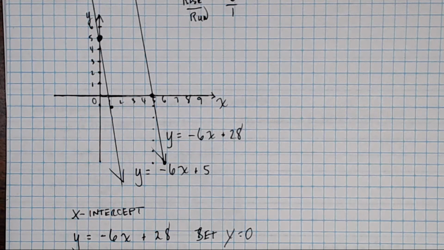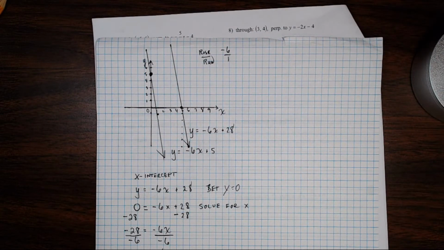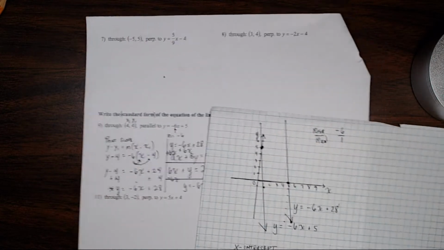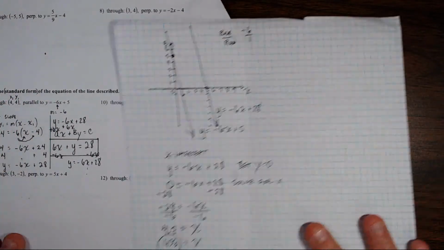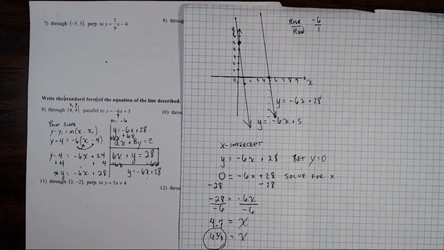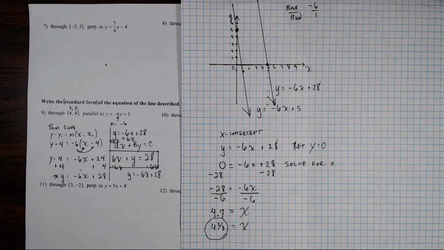Let me zoom out. So for number 9, I need to see basically all of that. That's number 9.